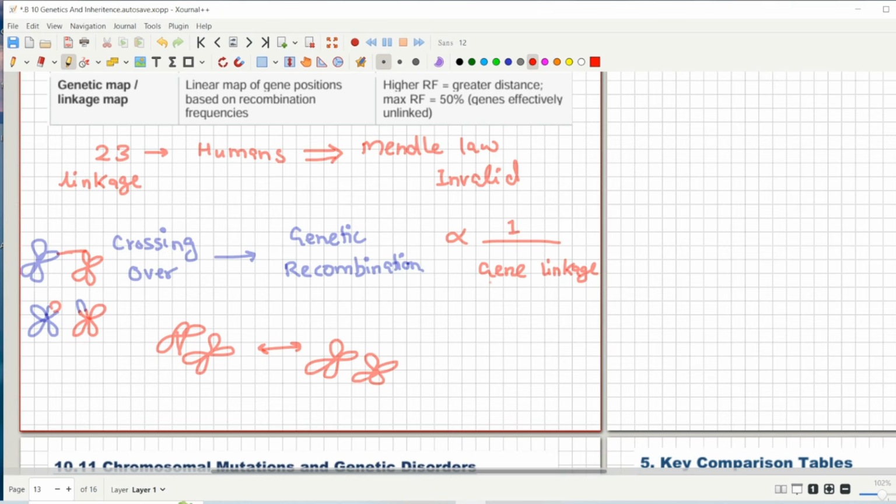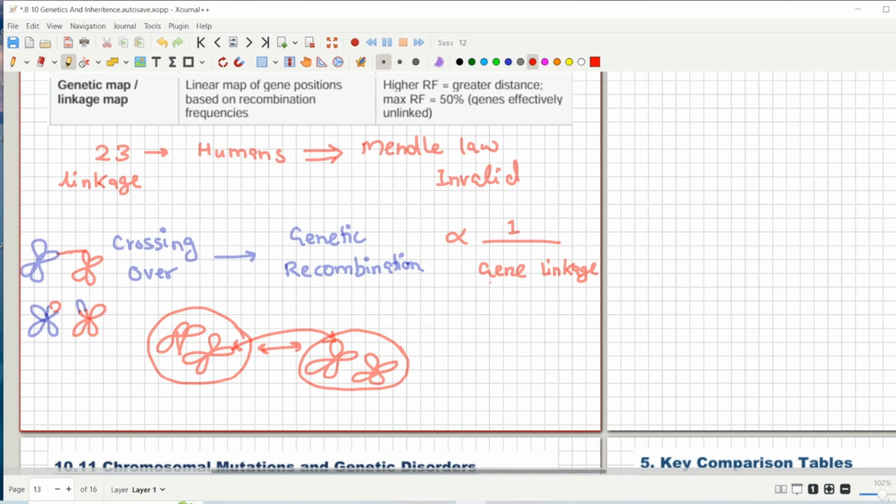The gene linkage actually keeps them together and will not let them exchange their genetics, and if they can't exchange, crossing over will not happen. So the more gene linkage is present, the less crossing over will happen. That's why gene linkage is inversely proportional to crossing over.